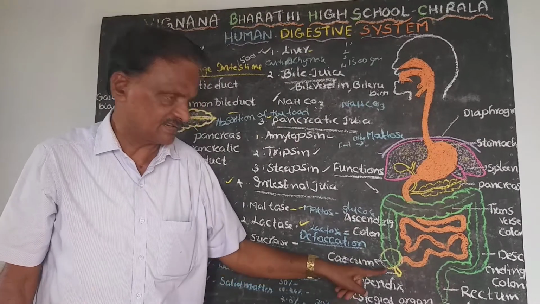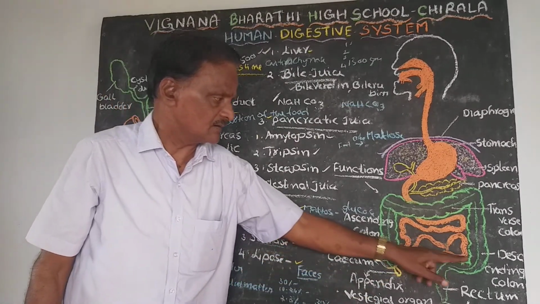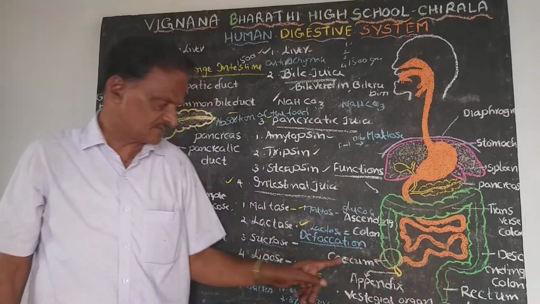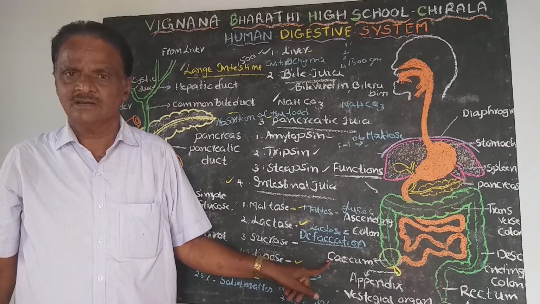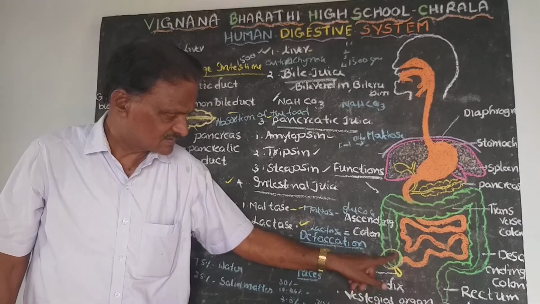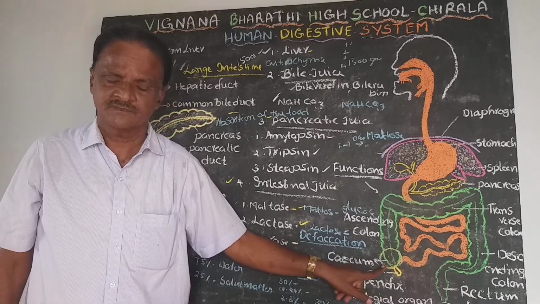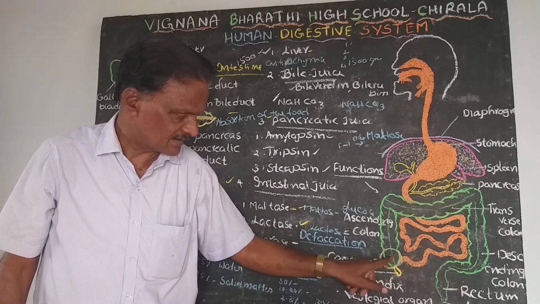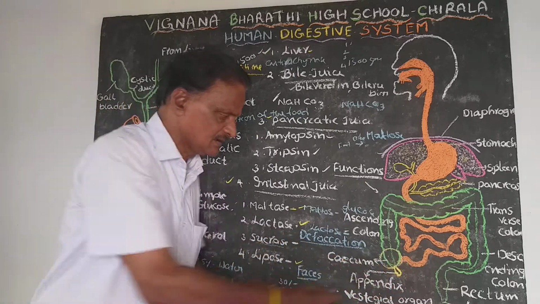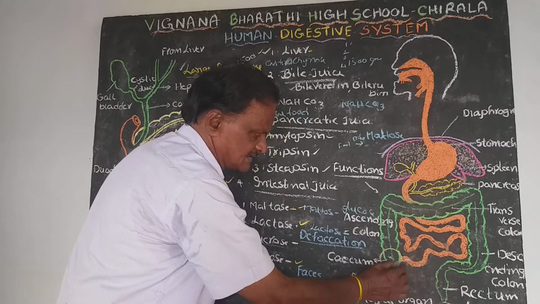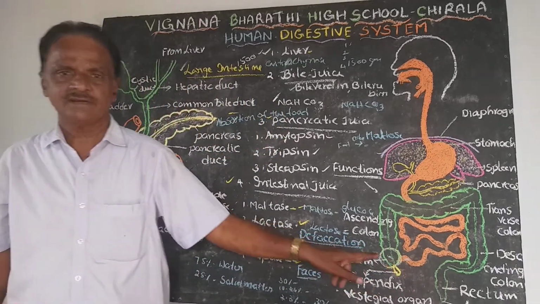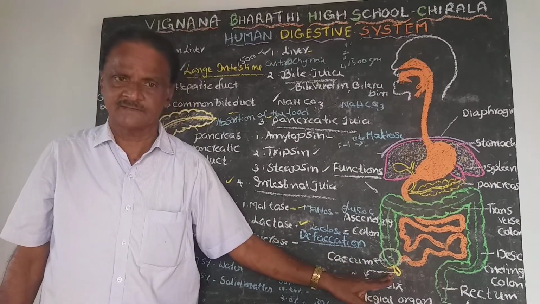First one is the cecum, second one is the colon, third part is the rectum. The cecum is a small blind pouch situated between the small intestine and the large intestine.